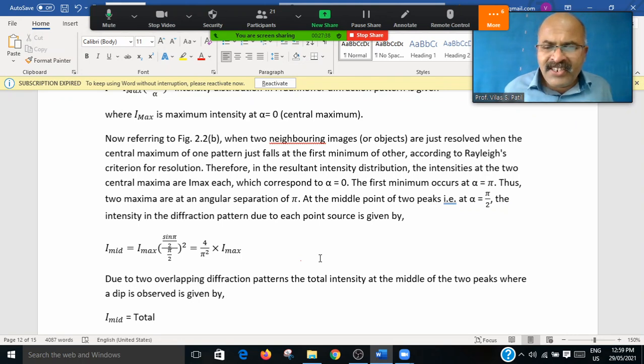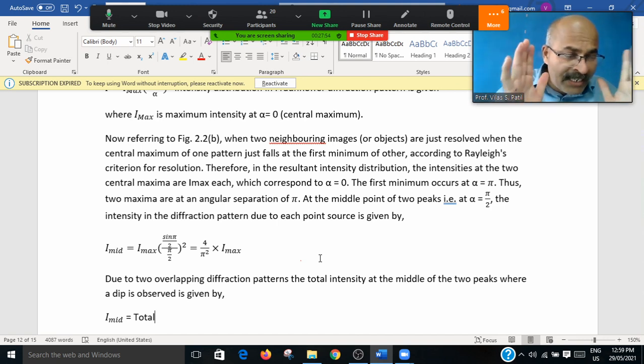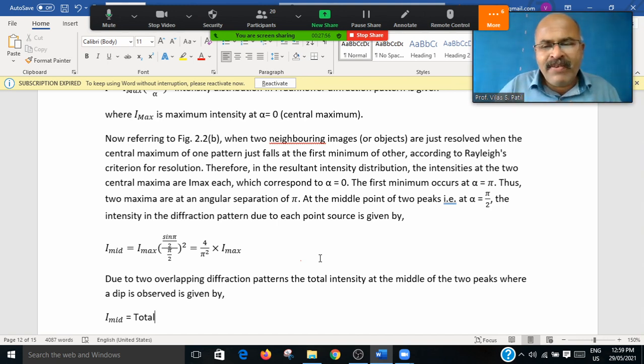or the objects are just resolved, when the central maximum of one pattern falls on the first minimum of the other according to the Rayleigh criterion of resolution. Therefore, in the resultant intensity distribution, the intensity at the two central maxima is I max each.